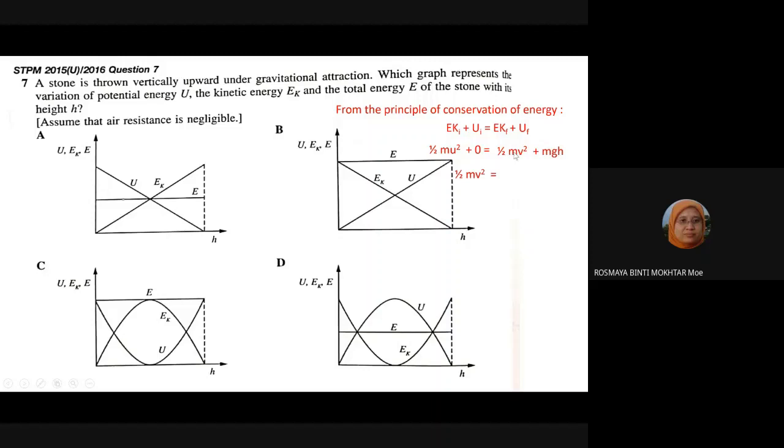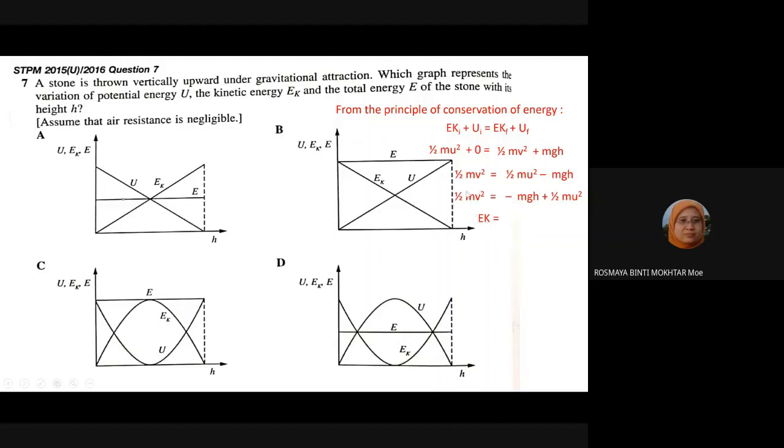Now we bring half m v squared to the left side, and the others to the right side. So we get this equation: half m v squared equals half m u squared minus mgh. We can simplify this equation, but there is no need. We just bring this to the right side because it's easier for you to see the relationship with the graph later.